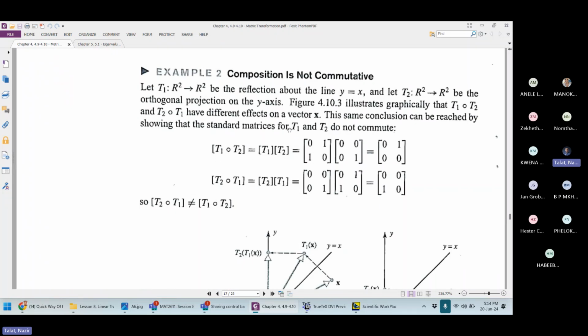If T1 is one matrix and T2 is a second matrix, then their product is the product of two matrices. Similarly, T2 of T1 is the product of T2 multiplied by T1. And they show that T1 of T2 is not equal to T2 of T1, because real numbers are commuting, but matrices are not commuting. So T1 of T2 is just a product of that one.